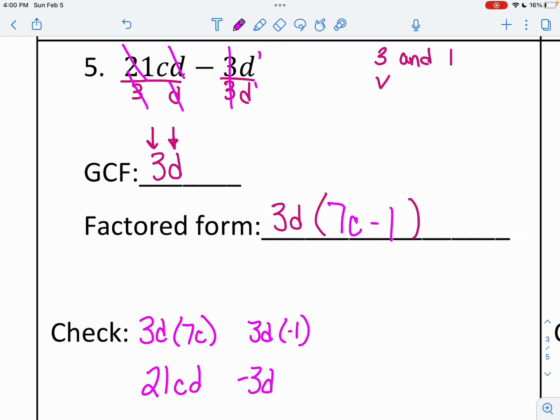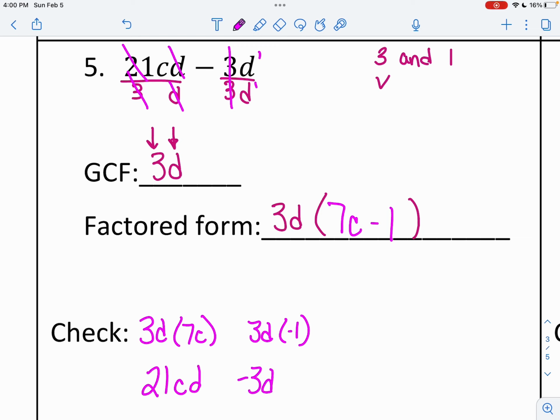When it asks you for factored form, you write your GCF, and then you divide it out. So let's see what we get. 6 divided by 2 is 3. y to the 4th, take away y squared, leaves me with y squared. 14 divided by 2 is a positive 7. y cubed, take away y squared is y to the 1.